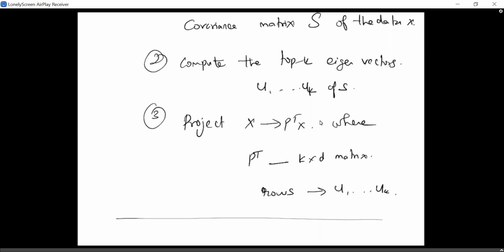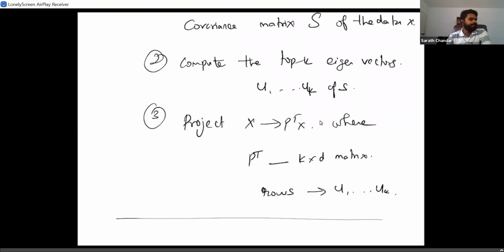Yes, I was wondering, I've read a bit about PCA, and in practice, people seem to be using the singular value decomposition instead of what you just wrote. Is there an advantage to doing an SVD instead of projecting with P transpose? Well, I think technically they are the same.